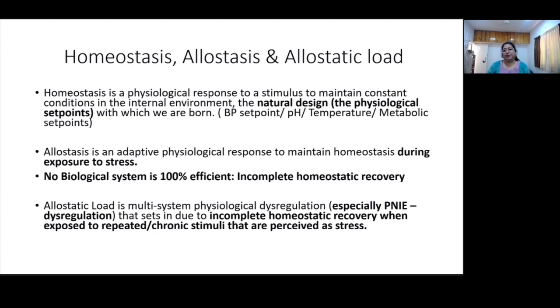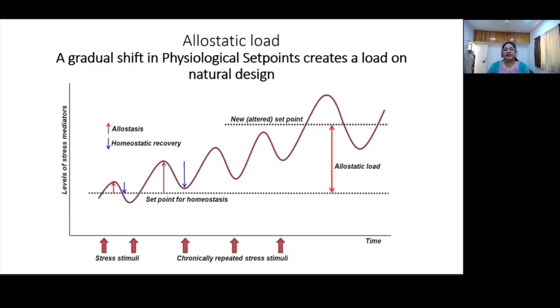What is the consequence of this? You can see it in this slide. It is the gradual shift of the physiological set point. Whenever the stimulus is there, initially there is some allostatic response. When the stimulus is taken away, you find there is a homeostatic recovery.